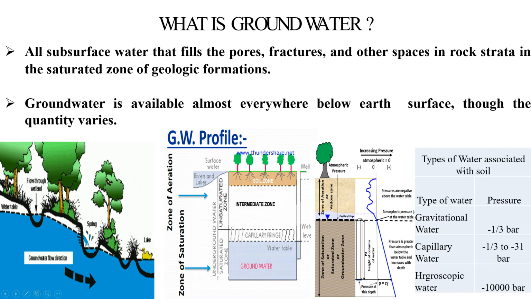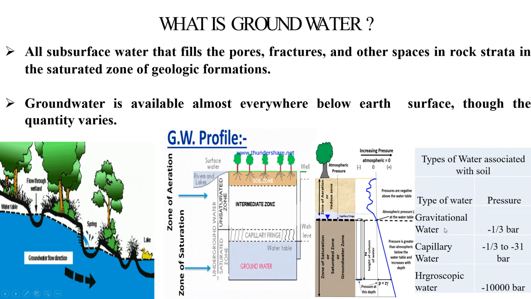In types of water, we have gravitational water, capillary water, and hygroscopic water. Hygroscopic water is, in the Green-Ampt equation, the residual water content. Here the water will rise naturally, but it is at negative pressure.